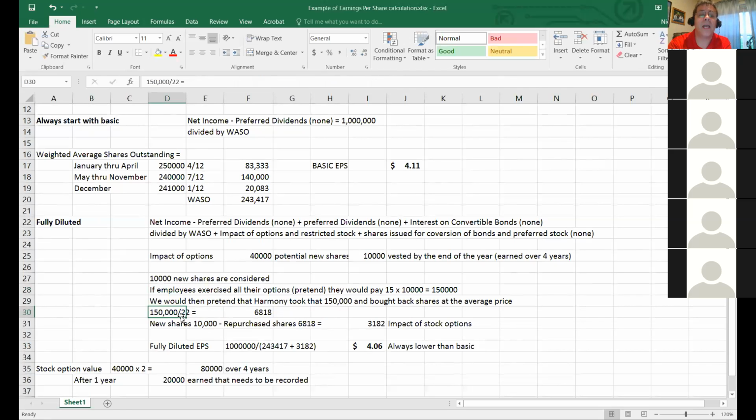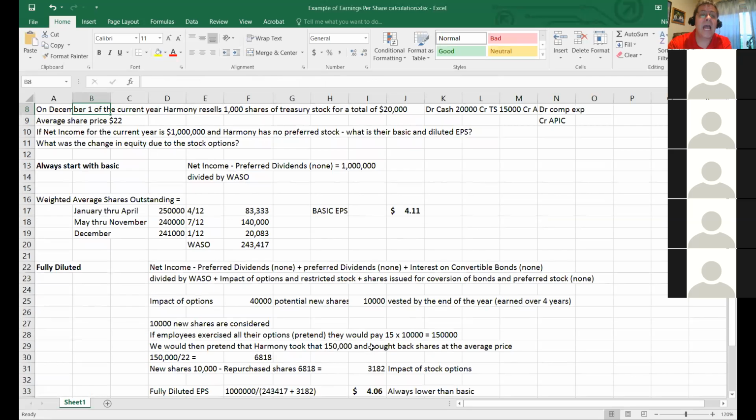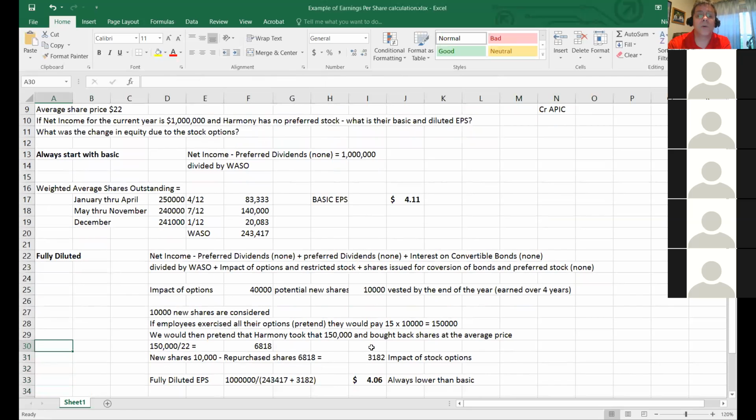Well, we can buy exactly 150,000 divided by 22. Where did the 22 come from? Average share price. Okay, $22. So we take the cash collected divided by 22, the average share price, and that gives us 6,818.